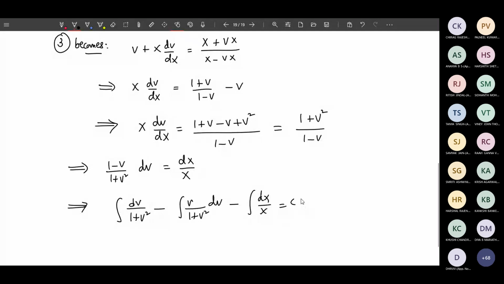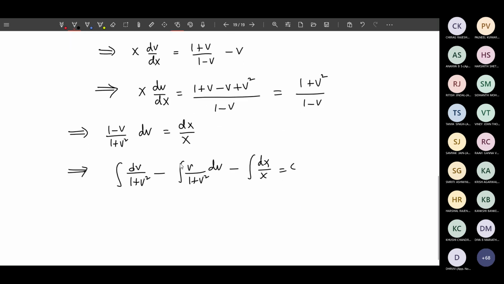And now use your standard formula: 1 by 1 plus v square integrates to tan inverse v, and for the second one you multiply and divide with 2, so that the numerator is the derivative of the denominator, and then log x. So this is tan inverse v minus half log 1 plus v square minus log x equals c.